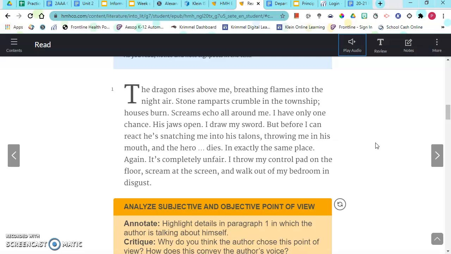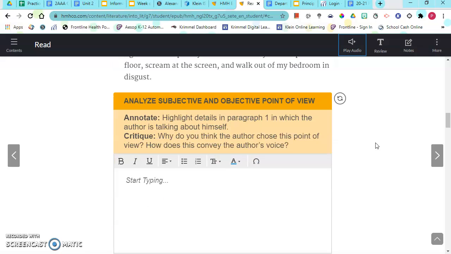This first annotation box asks you to please highlight the details in paragraph 1 in which the author is talking about himself. How do you think the author chose this point of view? How does this convey the author's voice?